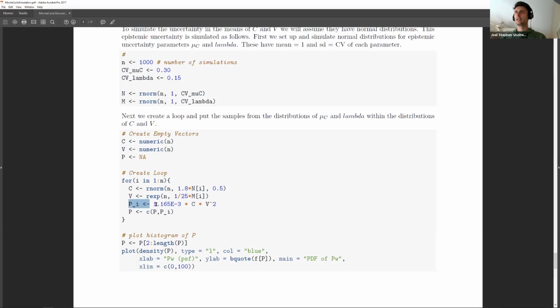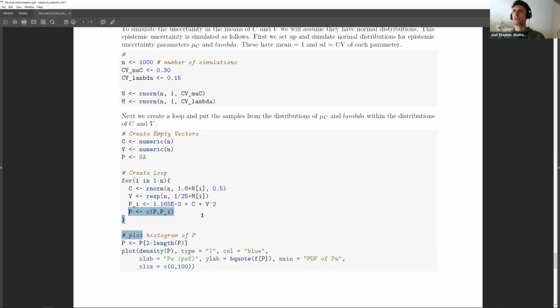Then I'll calculate the pressure, and I'll get 1,000 simulations of pressure. Every time I run this loop, I'm going to append those 1,000 simulations. This loop is going to run 1,000 times, and each time through, I get the next sample from my mu C distribution and the next sample from my lambda distribution.